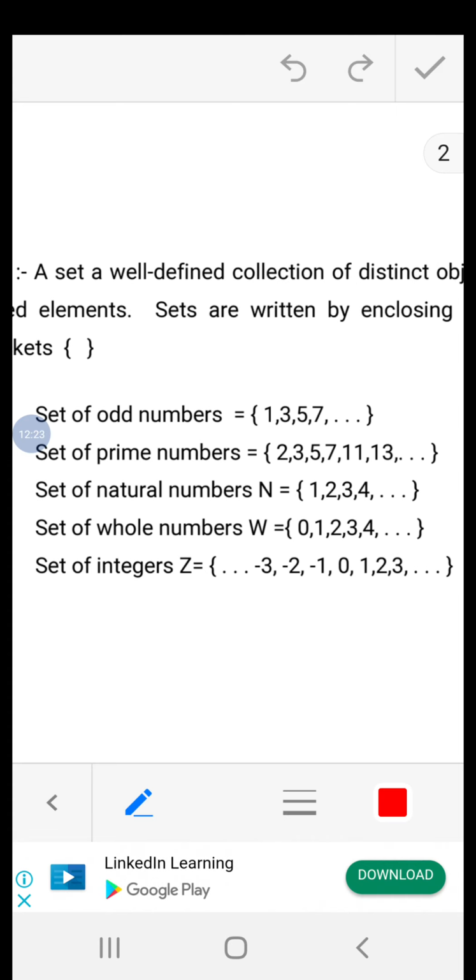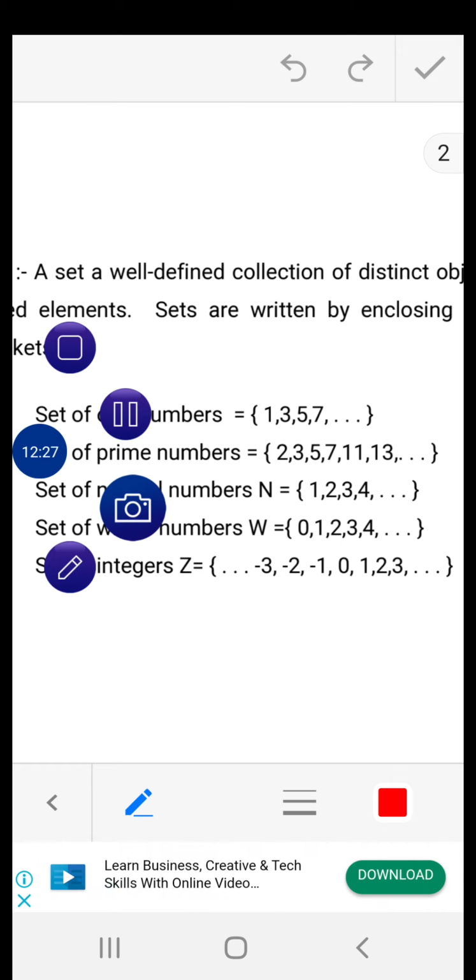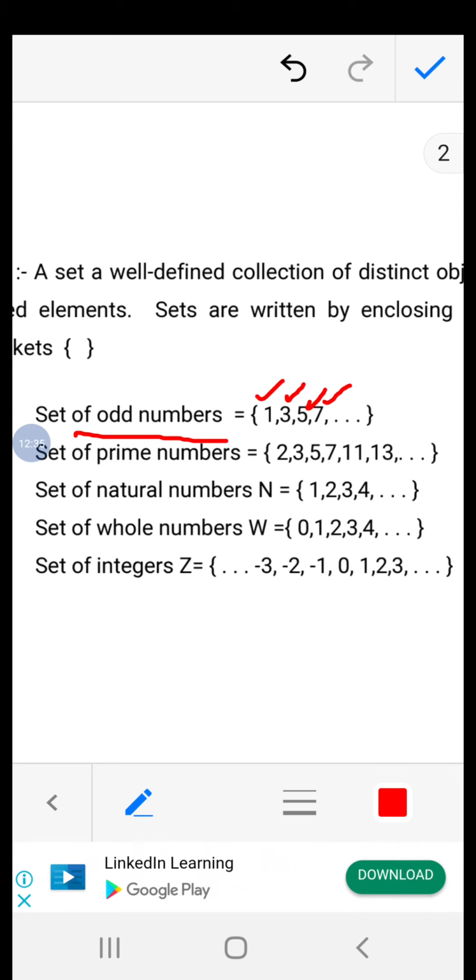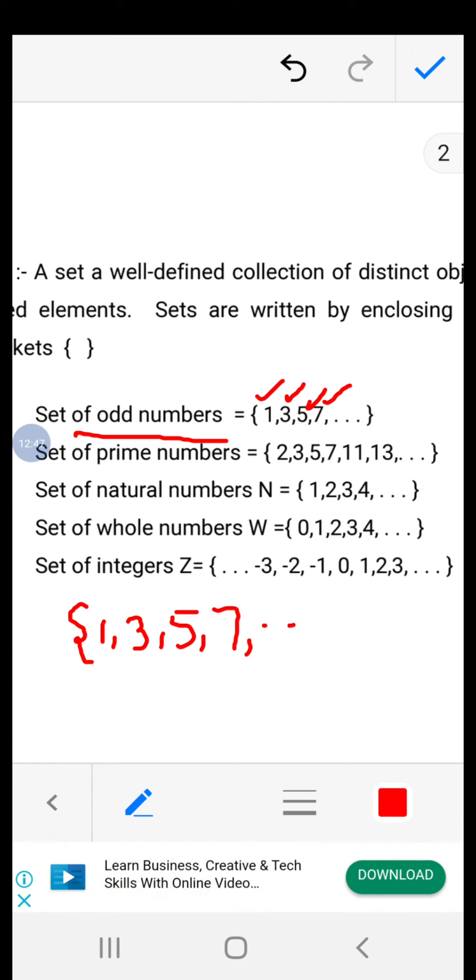Set of odd numbers is written as 1, 3, 5, 7. How are we writing? We are using flower brackets, first point, 1, 3, 5, 7 and so on.